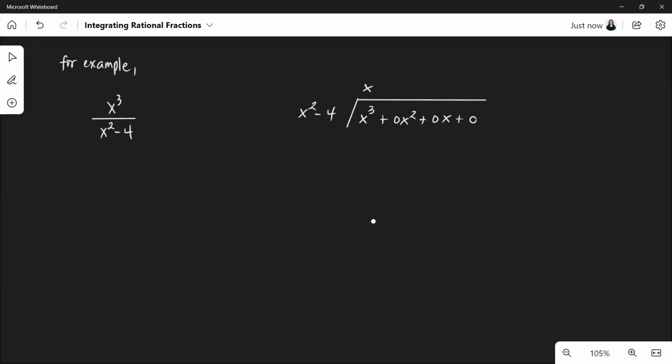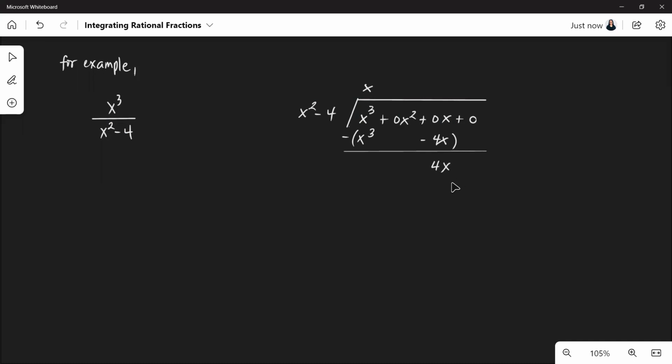Then multiply x to each of the terms in the divisor. x times x squared, that's x cubed. x times negative 4, so negative 4x. The x term is on this column here, so you need to write the minus 4x here. Then perform subtraction. x cubed minus x cubed, that's 0. And then 0x minus negative 4x, that's 4x.